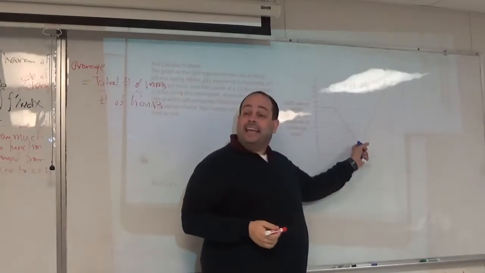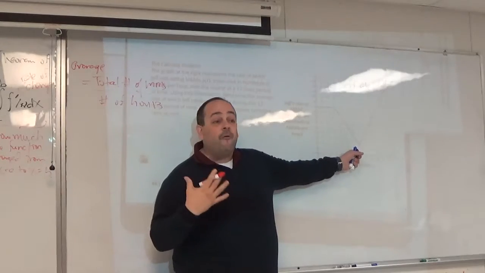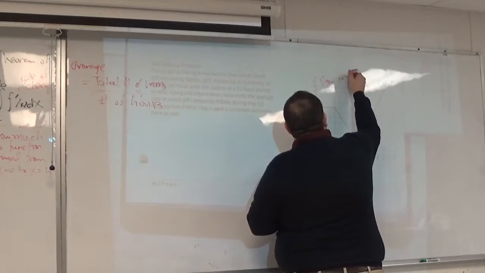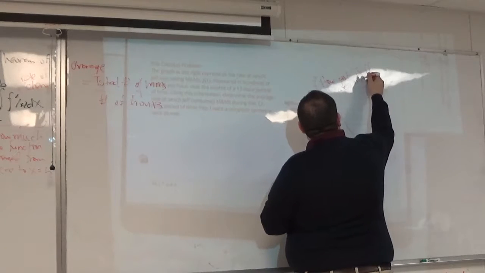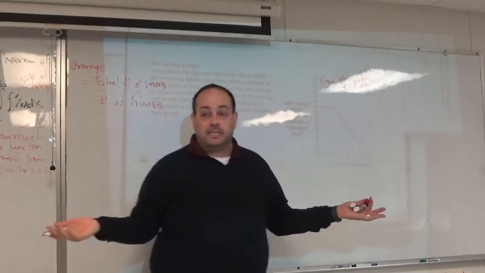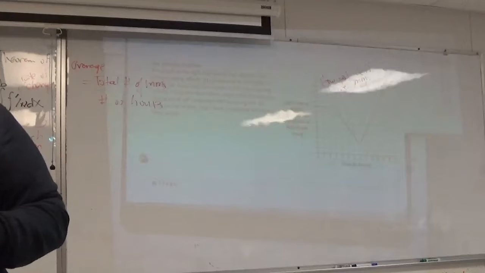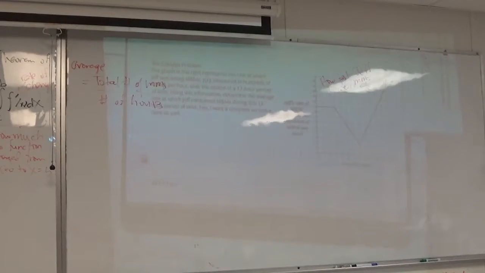This guy over here is a rate function. This is the rate. It's a how fast. This is how fast Jeff ate M&Ms. What I want to know is, how many M&Ms does he eat? What are we going to do? How do you go from how fast to how much?